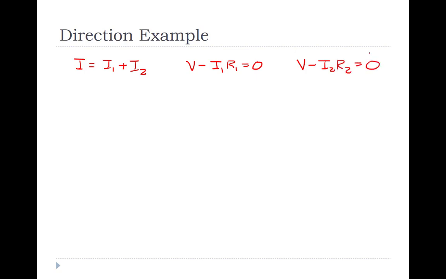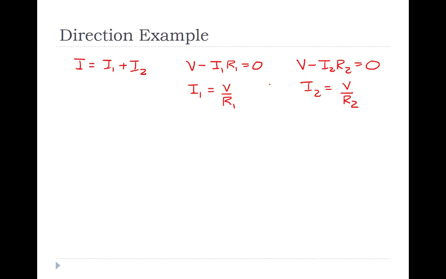This is a very easy set of equations to solve, because I can find the value of, say, I1 by solving this equation. So I1 will equal V divided by R1. And similarly, I2 will equal V over R2.